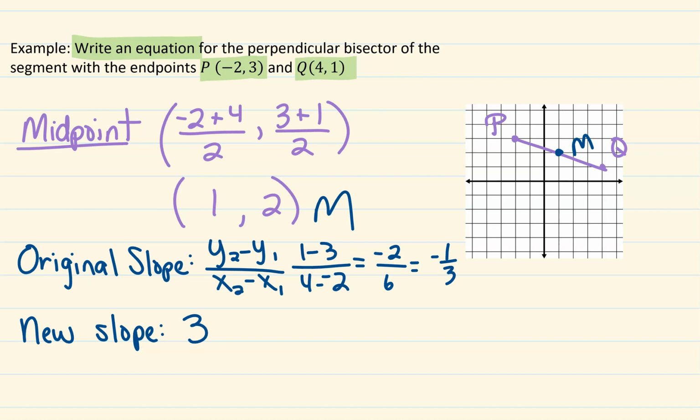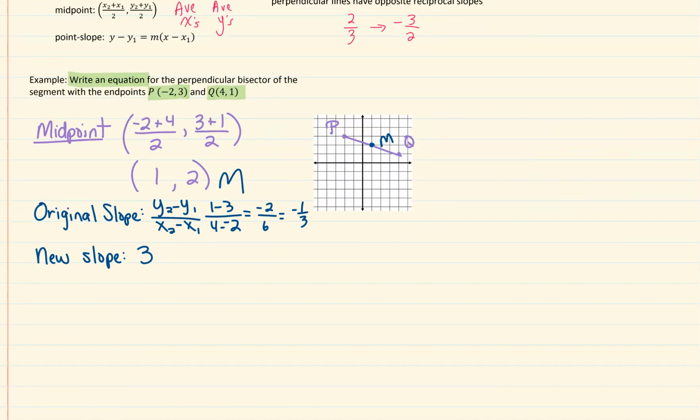Once we have the slope and the ordered pair, we can use point slope to figure it out. So we're going to use our point slope formula. y minus y1 equals m times x minus x1.